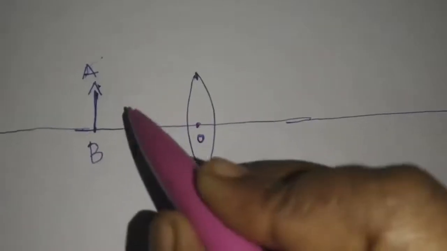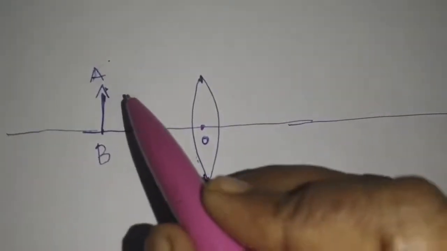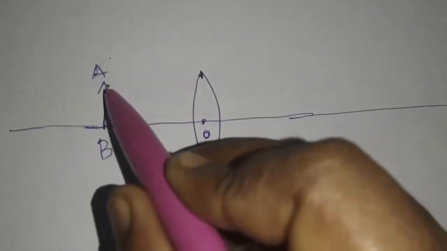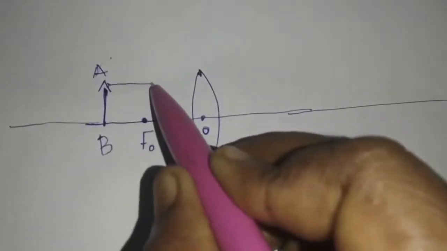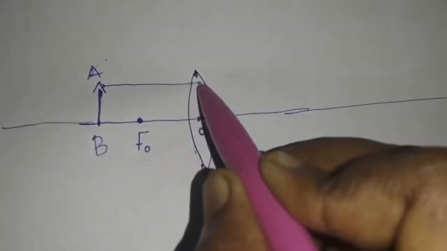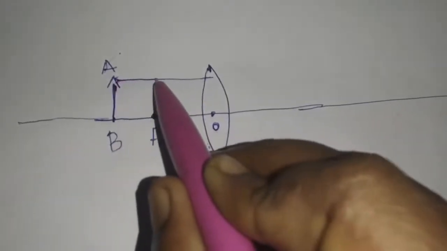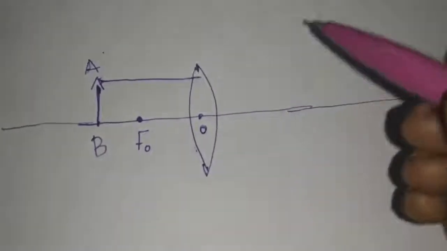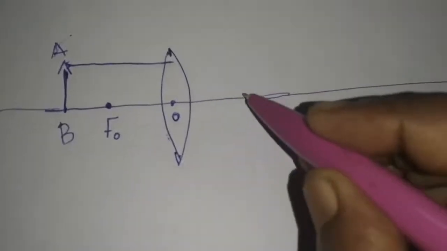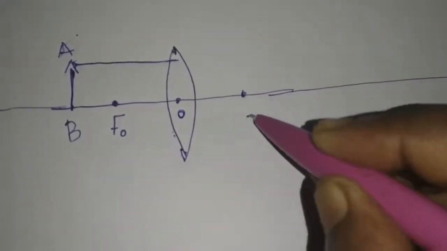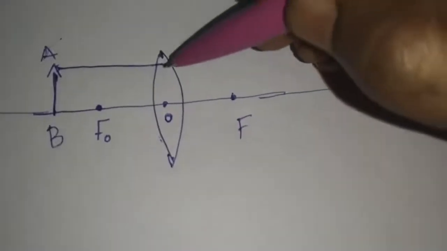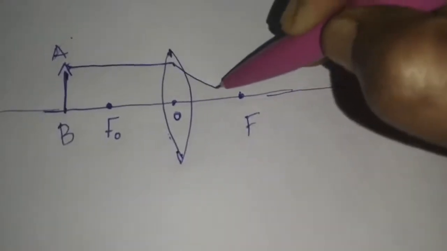For image formation, you have to follow two rules. For ray 1, the ray which is parallel to the principal axis, so this line is the principal axis, after refraction will go through the principal focus.